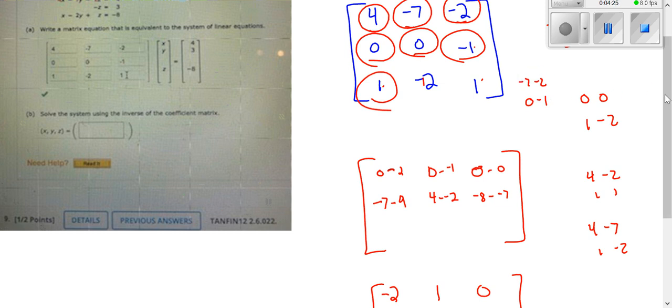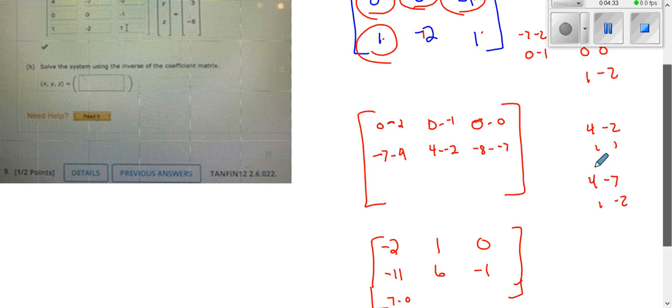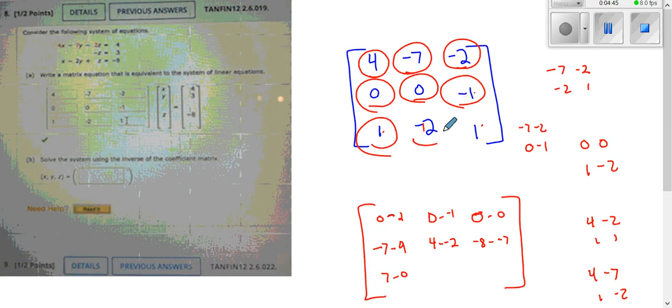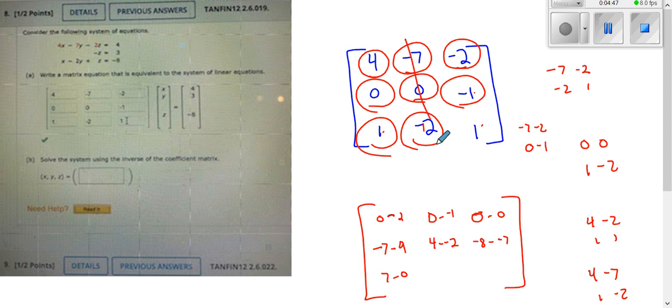There and there. So negative 7, negative 2, 0, negative 1. Negative 7 times negative 1 is a positive 7. Negative 2 times 0 is 0, so 7 minus 0, which is just 7. Okay, and this one, we're going to get rid of this and this.